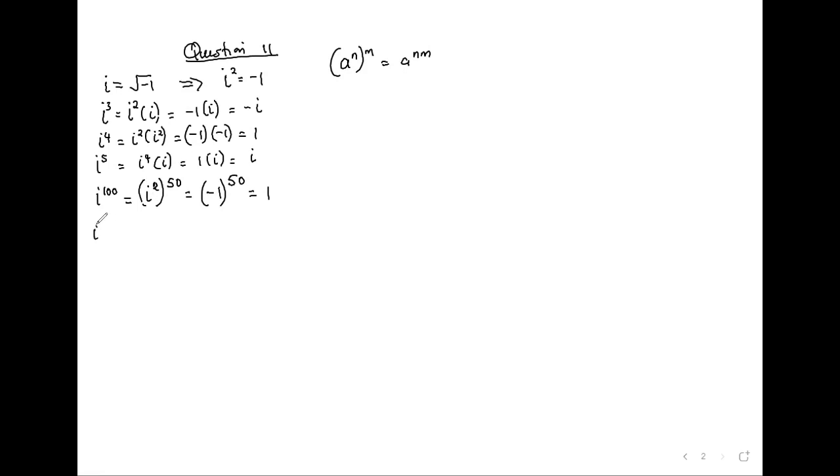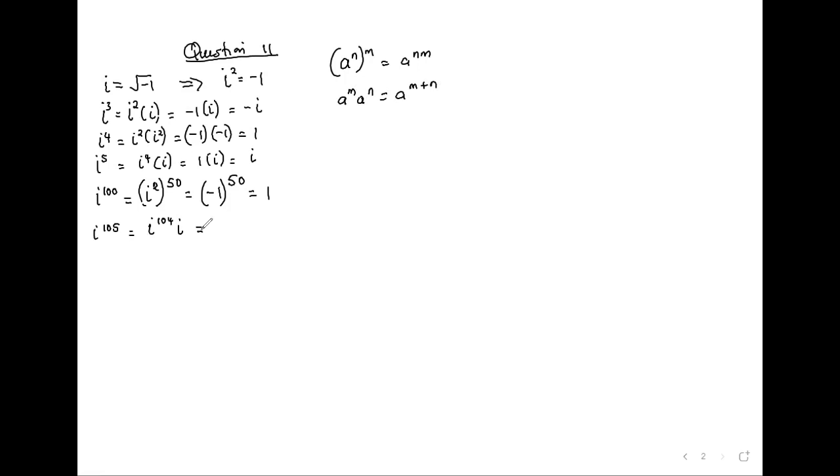If I have i to the power 105, the first thing you do is that you make the power even. So you say i to the power 104 multiplied by i. Because we know if the base is the same, a^m multiplied by a^n is the same as a^(m+n). So we have i to the power 104 plus 1, which is 105.